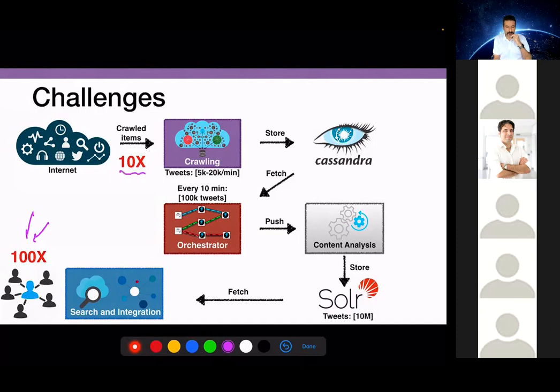Specifically, we needed to speed up this crawling speed 10 times faster, and also we needed to make this fetching time closer to real time. It was 100K tweets per 10 minutes, which was considerably slow for this surge in the number of users. So this was based on some performance analysis, some modeling of the system, understanding of the system.